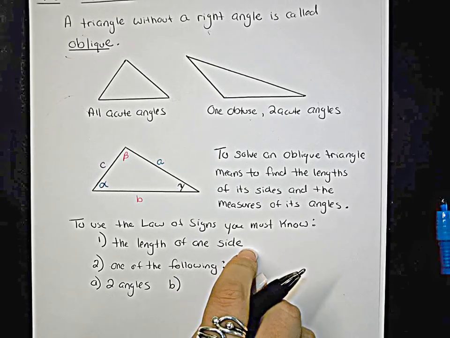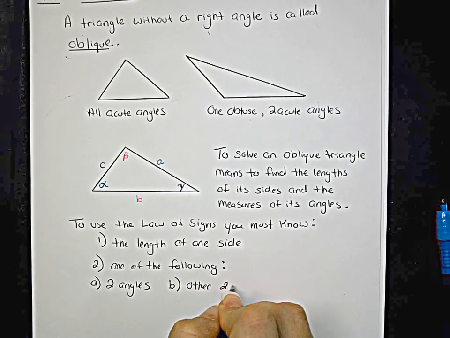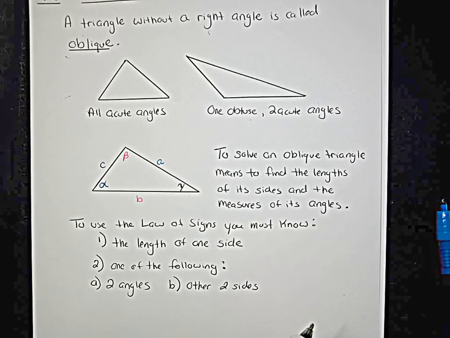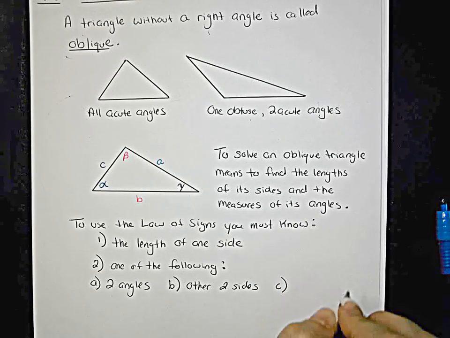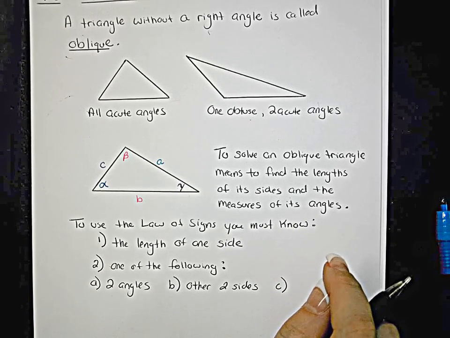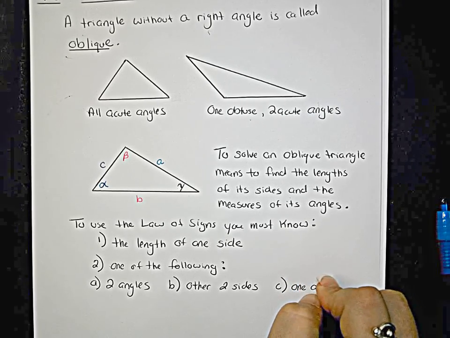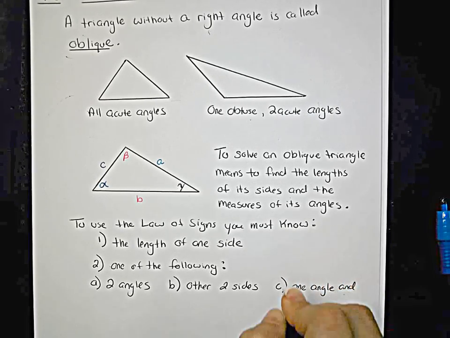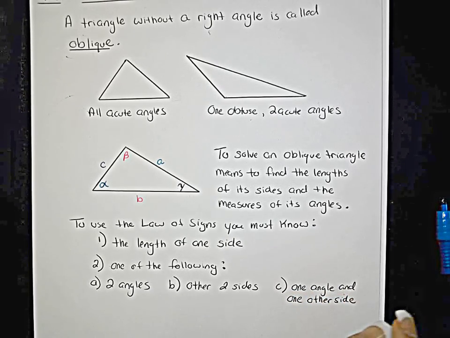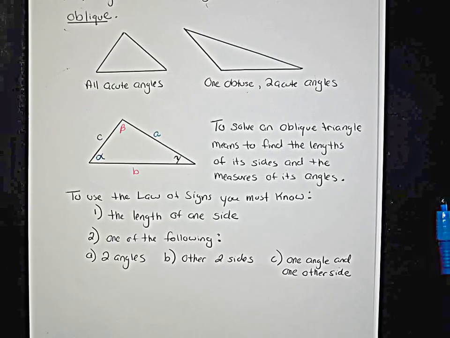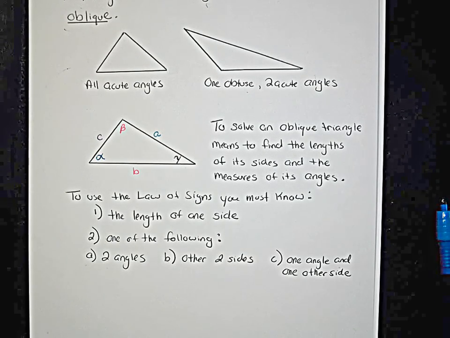You can have the one side and the other two sides. That'll work as well. Or you can have one side, one angle, and one other side. So any combination of the first one and any of these three will enable you to use the law of sines.